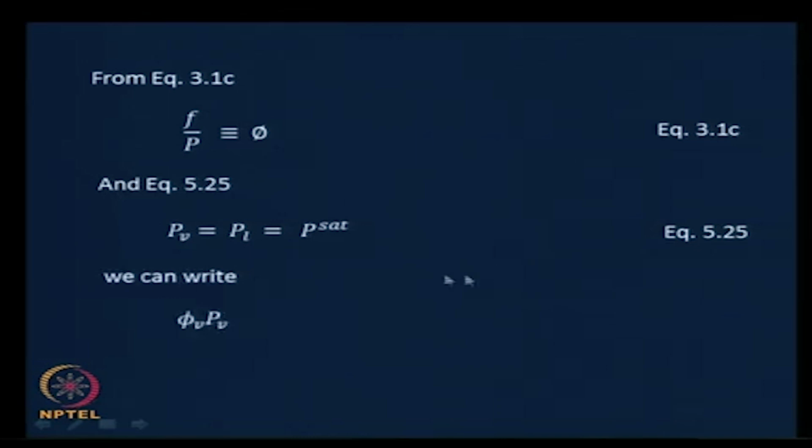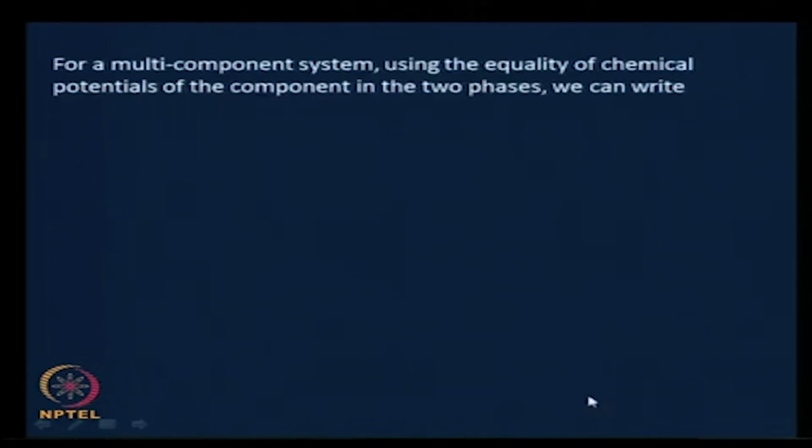Therefore, we can write phi_V P_V equals f sat, or phi sat P sat. Phi_V is nothing but the phi value under the saturated conditions in this particular system, which is vapor liquid equilibrium. P is P sat, and therefore, that equals f sat. We will call this equation 5.28.